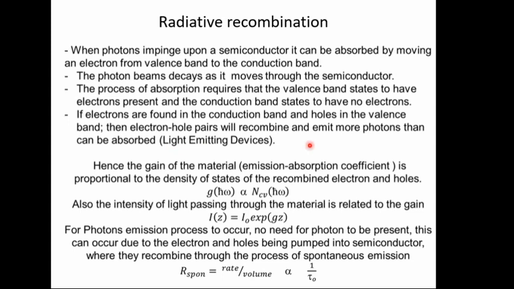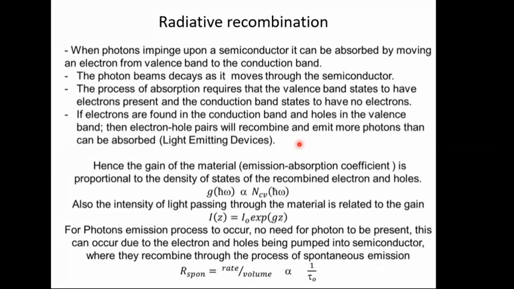So what happens if an electron loses some of its energy and then gets emitted back into the valence band? In the valence band, they will create an electron-hole pair without the need of an additional photon from the outside.